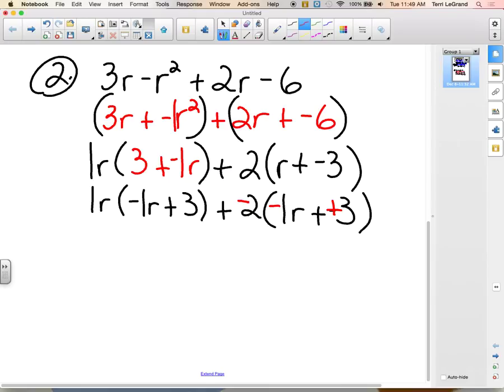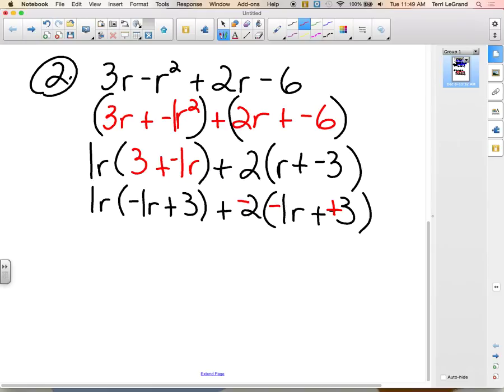If we divide out a negative 2, what's 2r divided by negative 2? Negative 1r. 2 divided by negative 2 is negative 1, and then we don't have any r's to divide by. What's negative 6 divided by negative 2? Positive 3. Okay, let's take this.